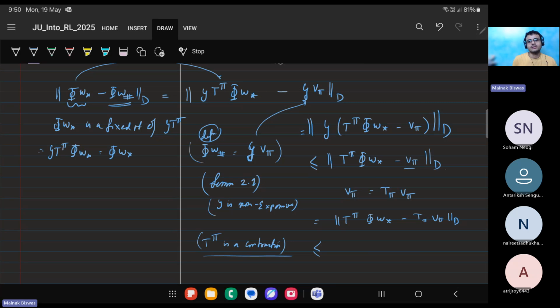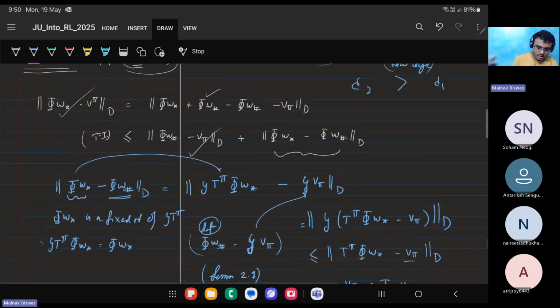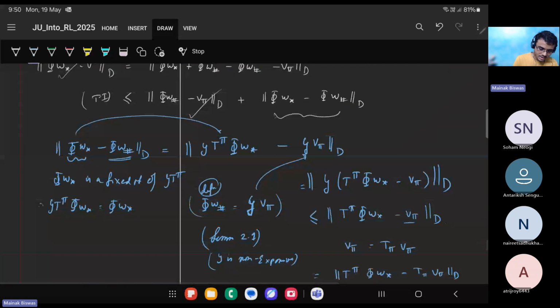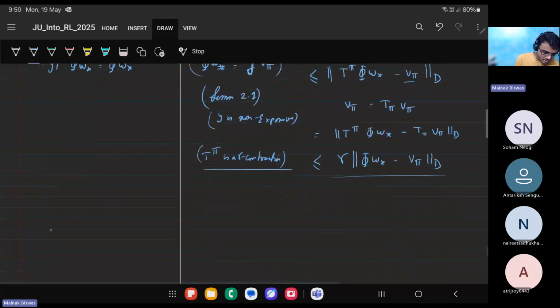Do you agree? T pi is a gamma contraction. Yes. I can write this as, great. So I have written down this term. So I'll just put it over here. So where is the equation? The dagger equation. I'll just write it down over here.